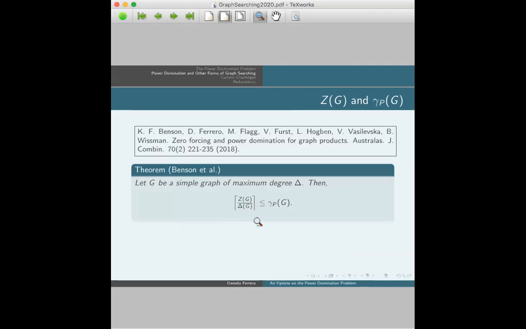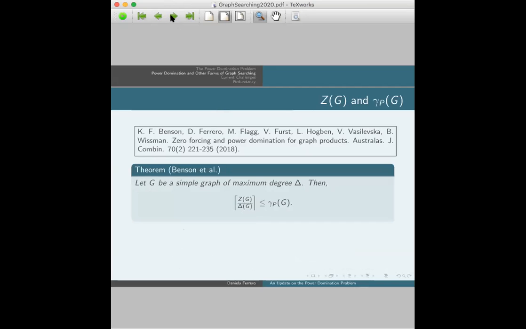And this bound was the first time that somebody used the relationship between power domination and zero forcing as a tool to analyze both problems, joining results from linear algebra and from graph theory, to find new results in both of the areas.